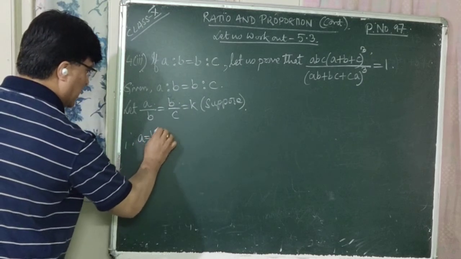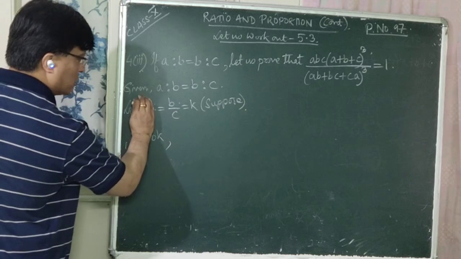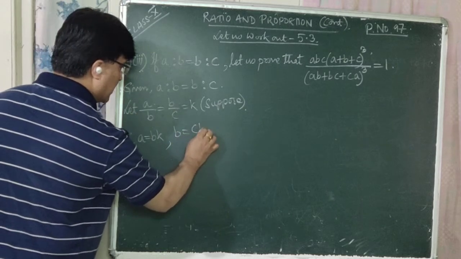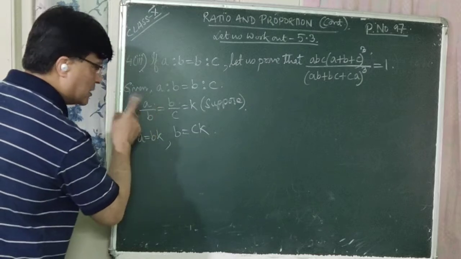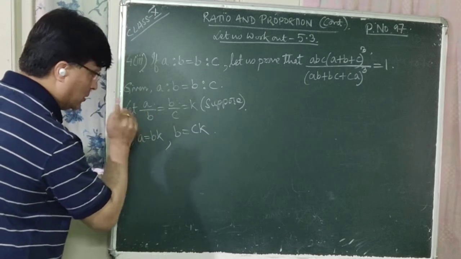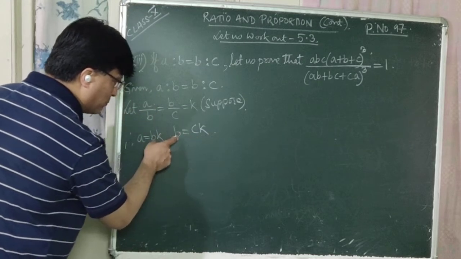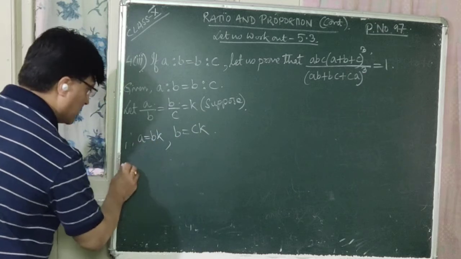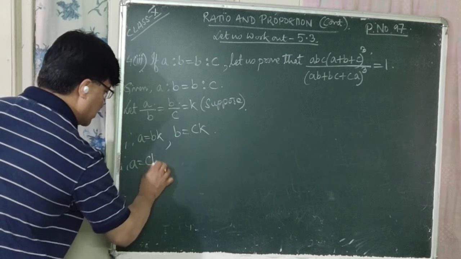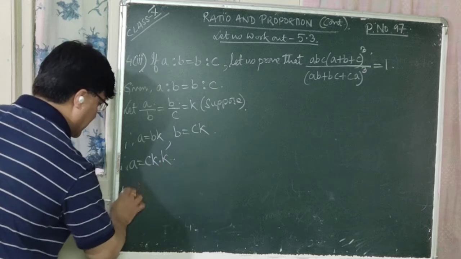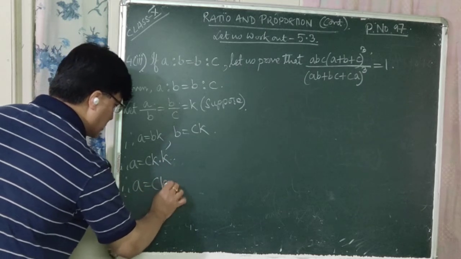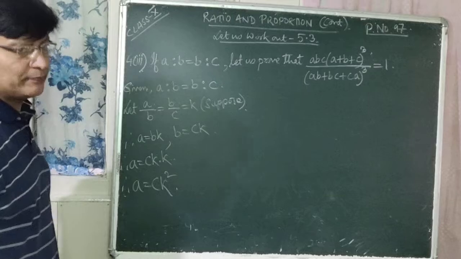A is equal to BK. Now, B is equal to CK, right? Again, since this is continued proportion, B is equal to CK, you can put the value for B out here. That is A is equal to CK into K. That is, what do we get? A is equal to CK square.